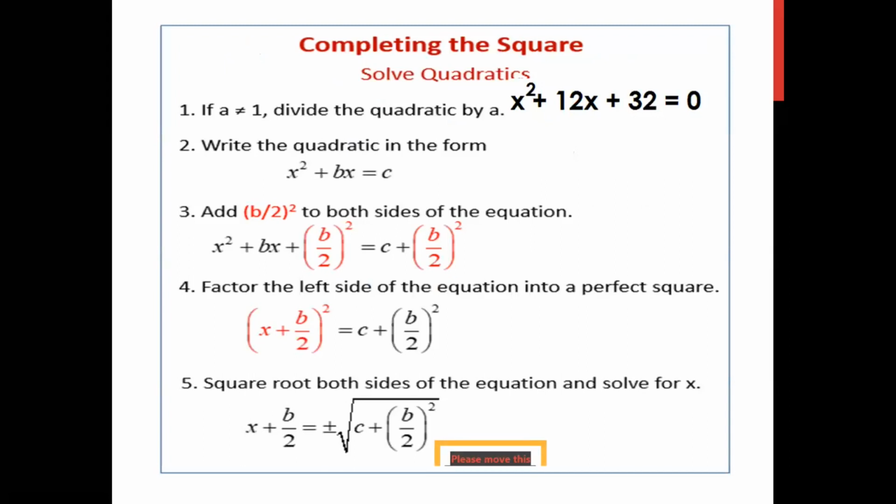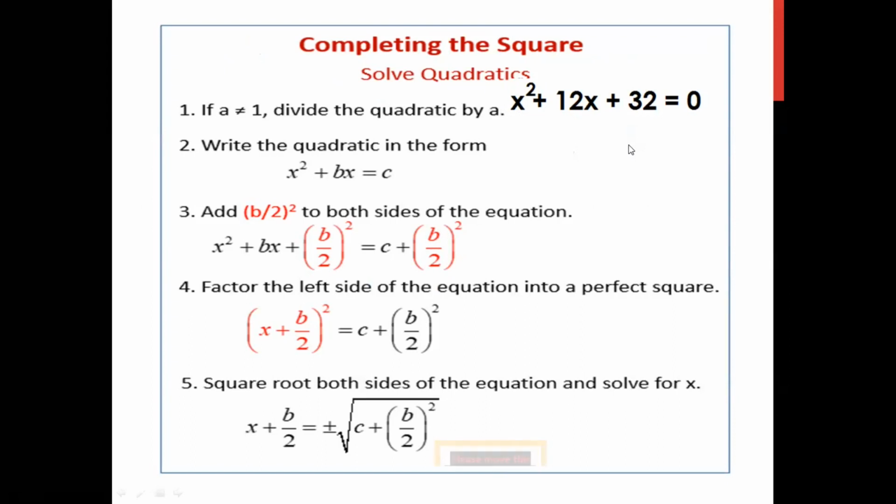First, divide the quadratic by a. In our example, we don't have a coefficient here, so we don't need to divide the equation by the leading coefficient of our highest degree.